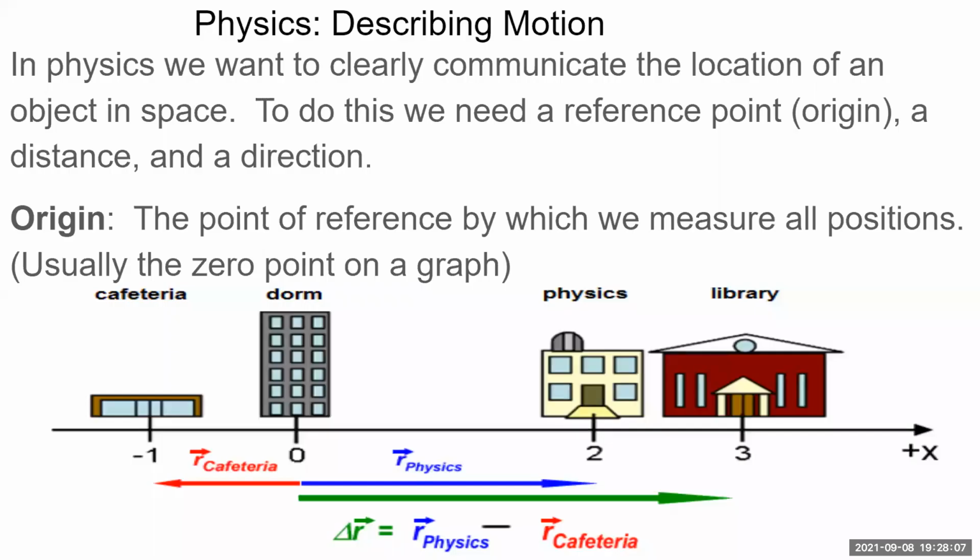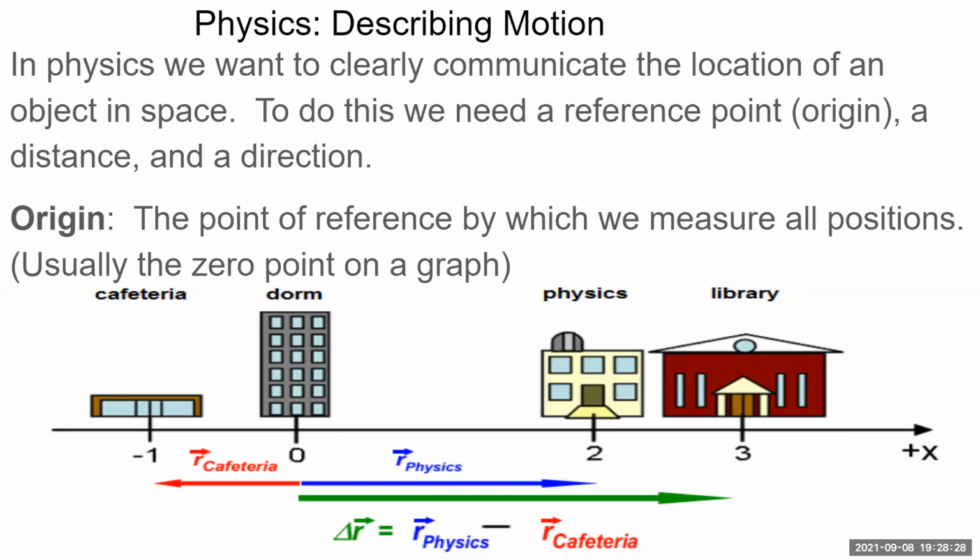All right. So when we describe motion in physics, we want to clearly communicate the location of an object in space. In order to do this, we need a reference point, what we call an origin or frame of reference that we're going to look at.